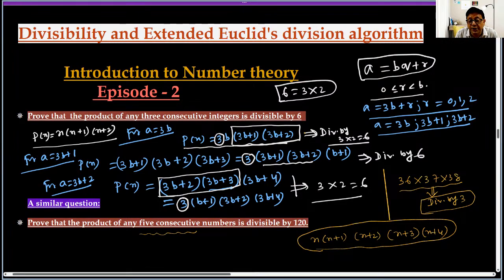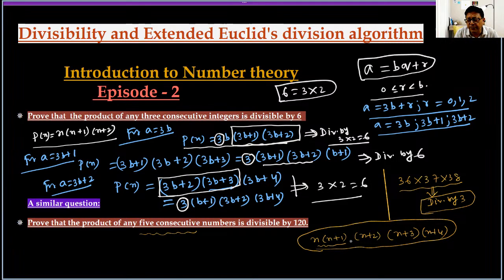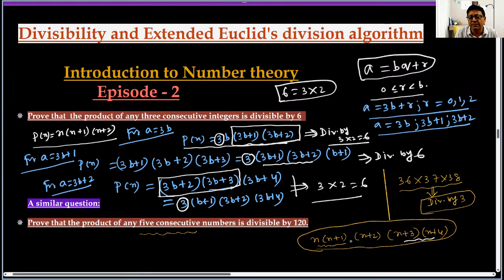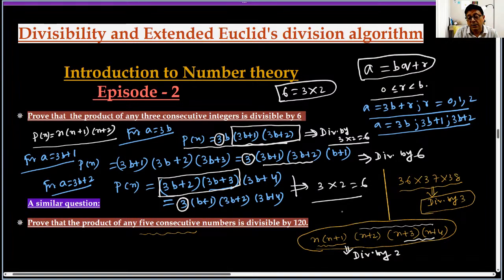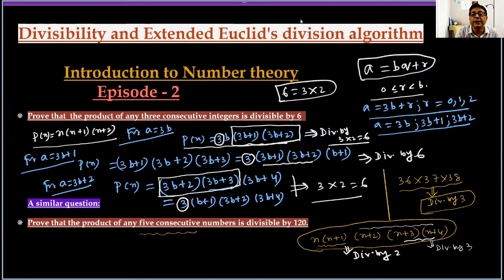This product of two consecutive integers is always divisible by 2. Do you agree? If you take any two, the product is divisible by 2. So this product is always divisible by 2. Now there is a product of three consecutive integers, say n plus 2, n plus 3, n plus 4. This product is divisible by 3. There is a product of 4 consecutive integers also.